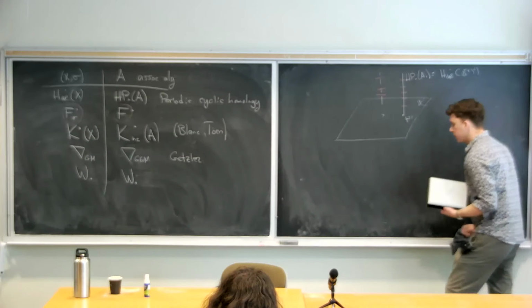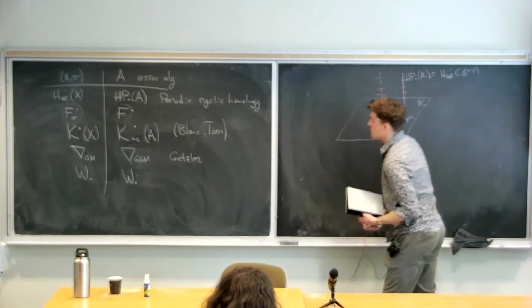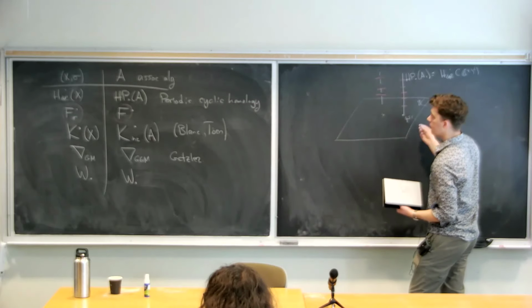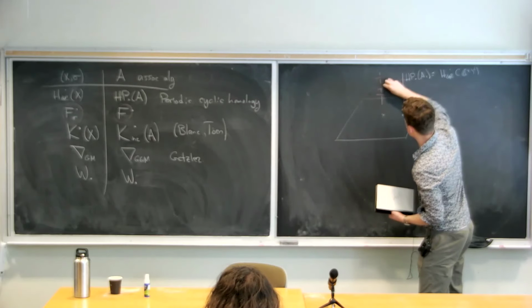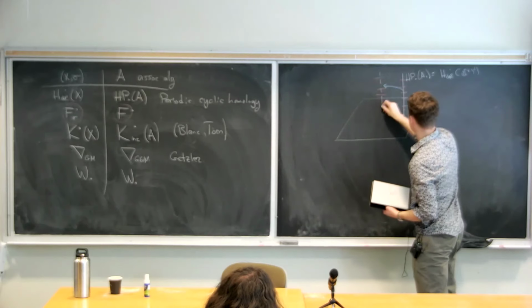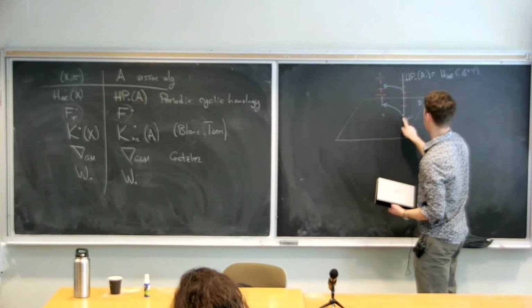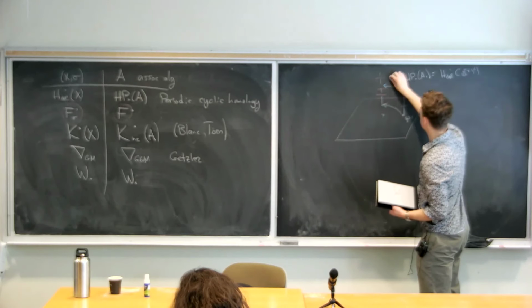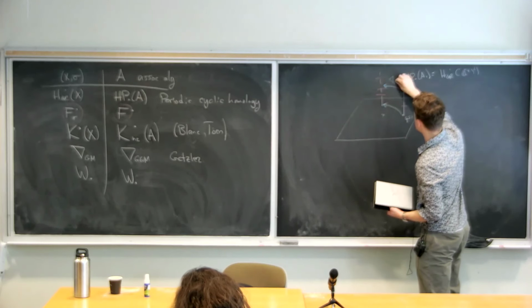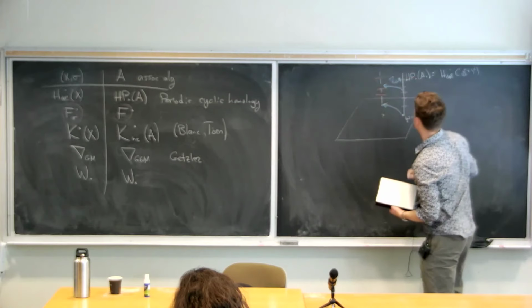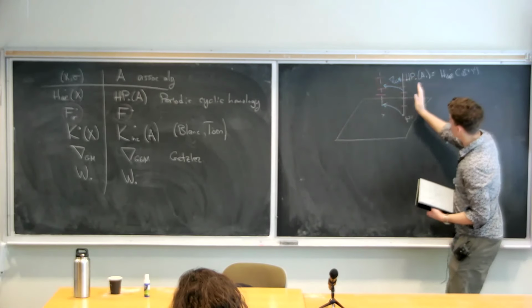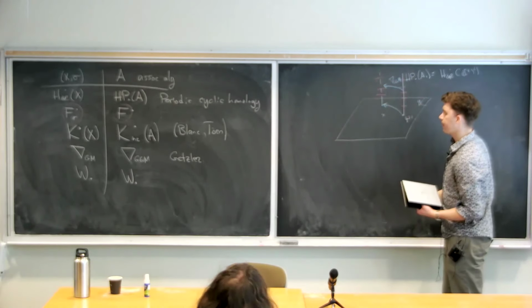But the important thing I want to say is that on this bundle, we have parallel transport. So if I've got any curve in the base going from Q equals 1 to this non-commutative point, then I can try to parallel transport sections from this fiber to this fiber.